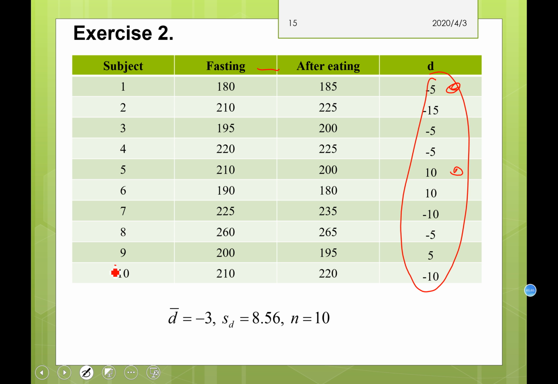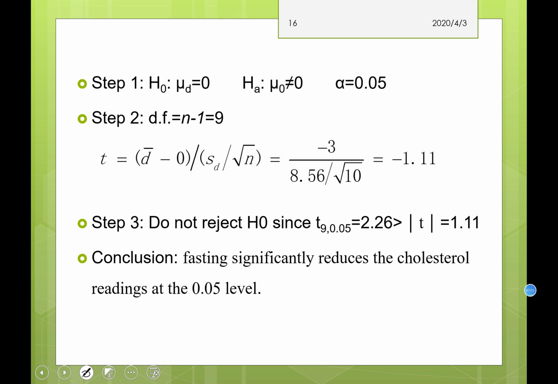We have 10 subjects, so n equals 10. And we find that the d bar is -3 and SD is 8.56. N equals 10. And the rest of the thing just follows the procedure of the paired samples t-test.